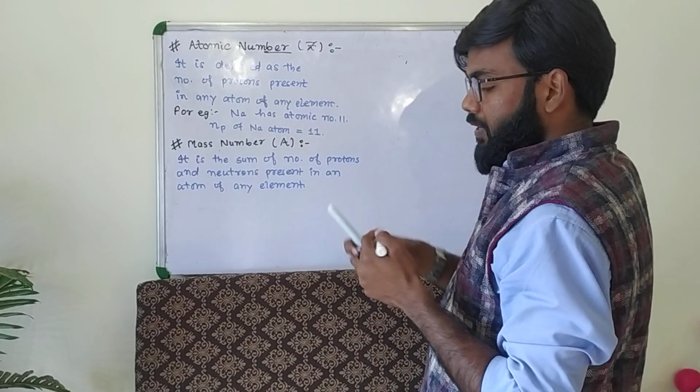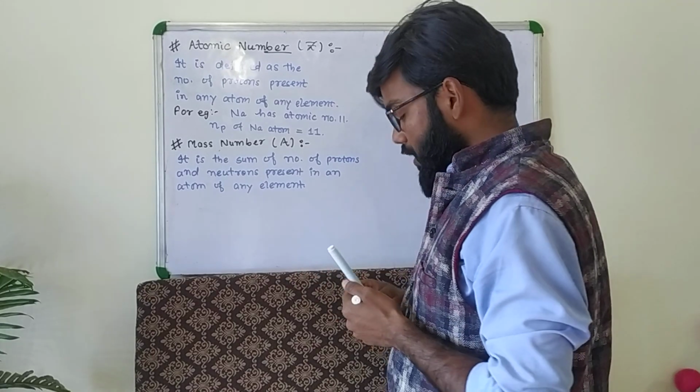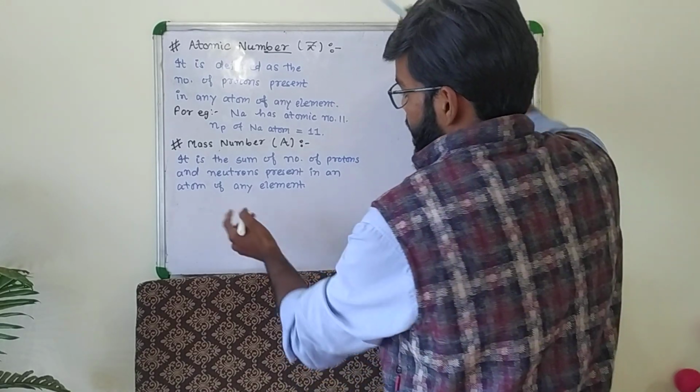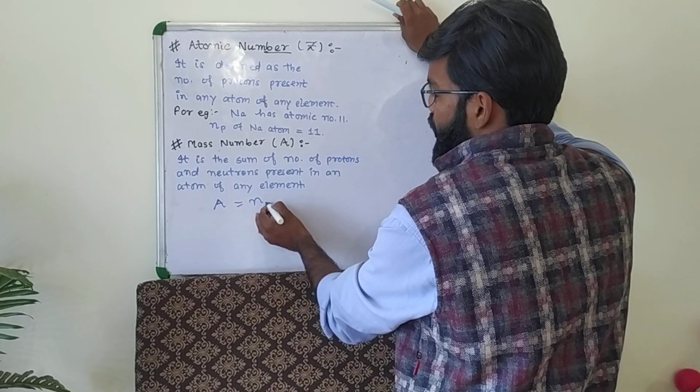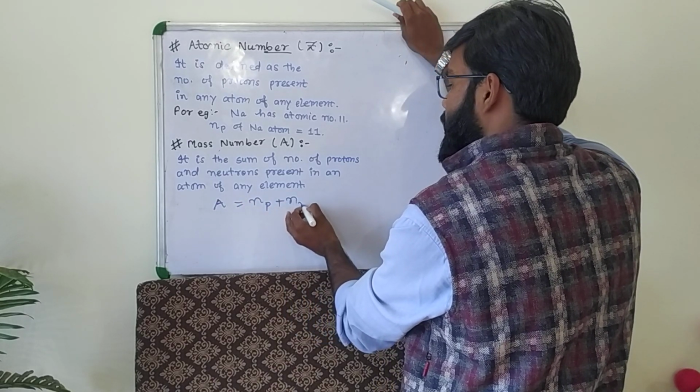It means that we can write a mathematical expression for this one as A, the mass number, is equal to the number of protons plus the number of neutrons.